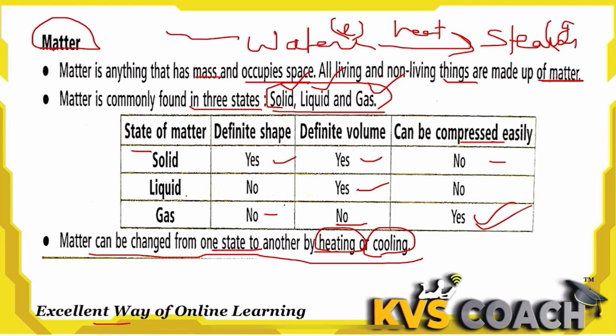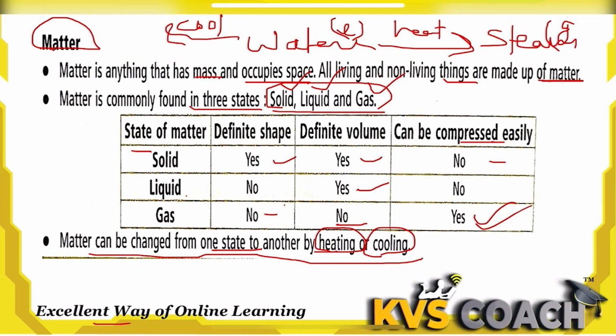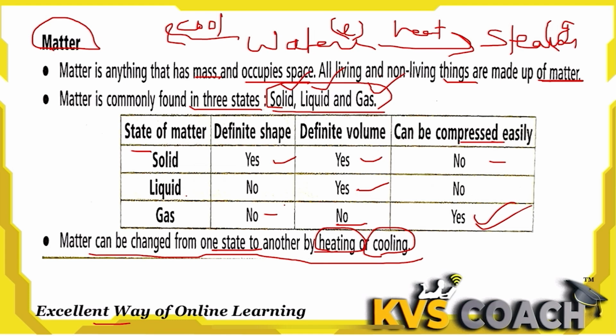And when I cool the water, or decrease its temperature, or freeze it, we get ice, and ice is the solid state of water. So matter can change its state by heating or by cooling.